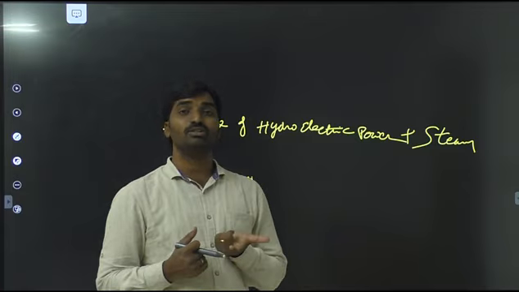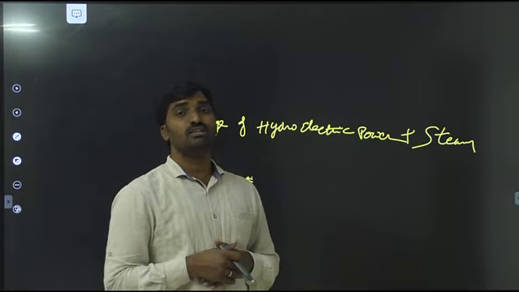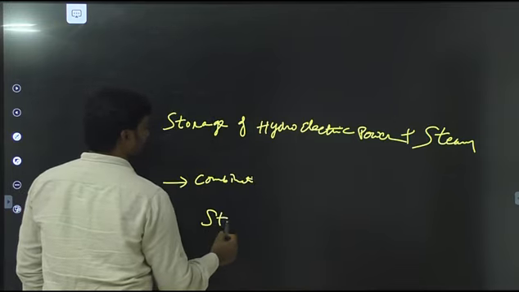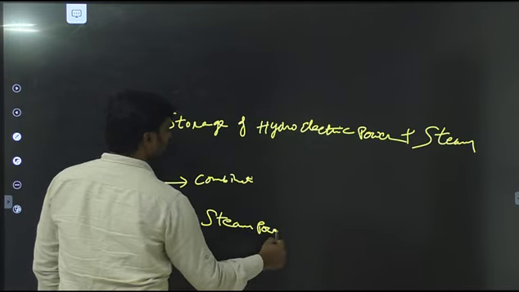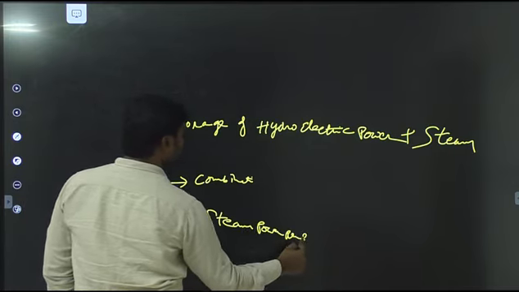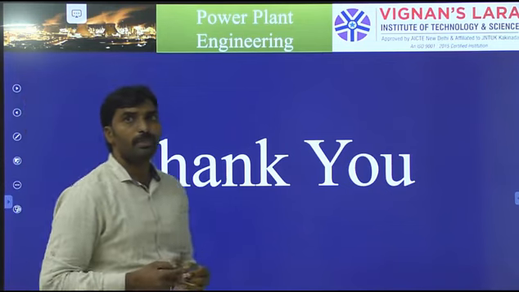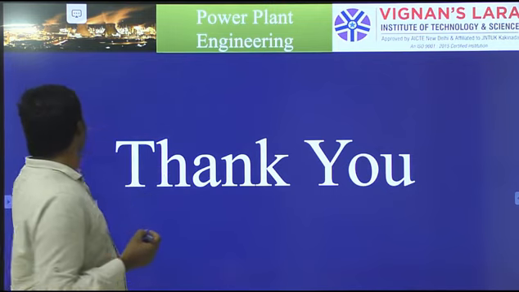When you require the base load, at that time we can run it by using a steam power plant. So these are the cases. Okay, thank you. If you have any queries, just mail me.